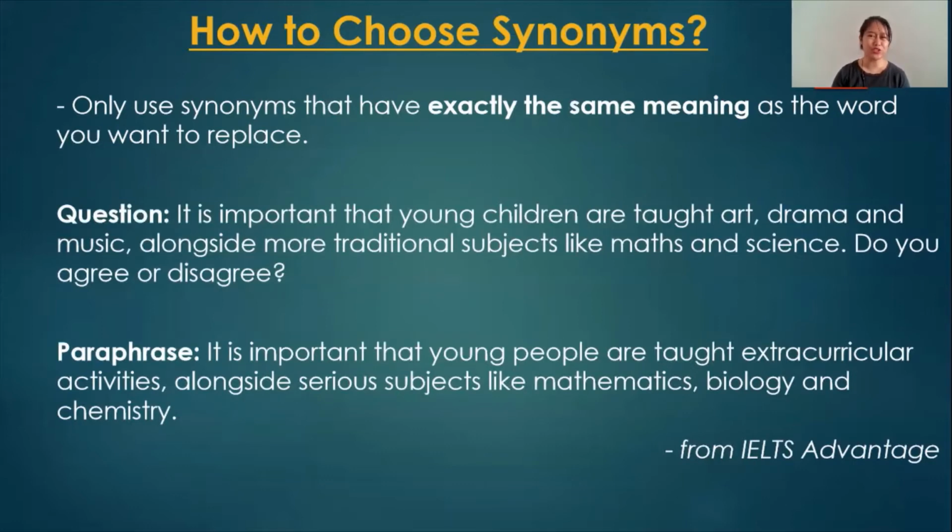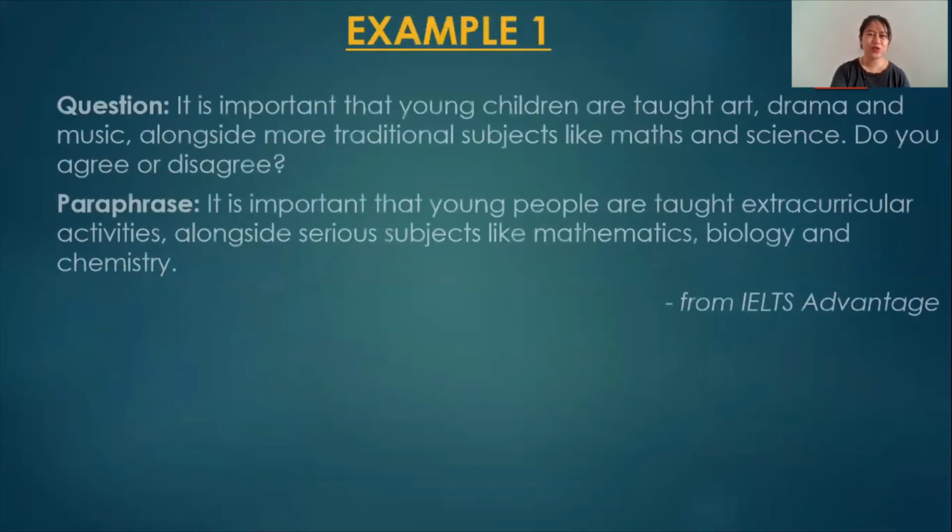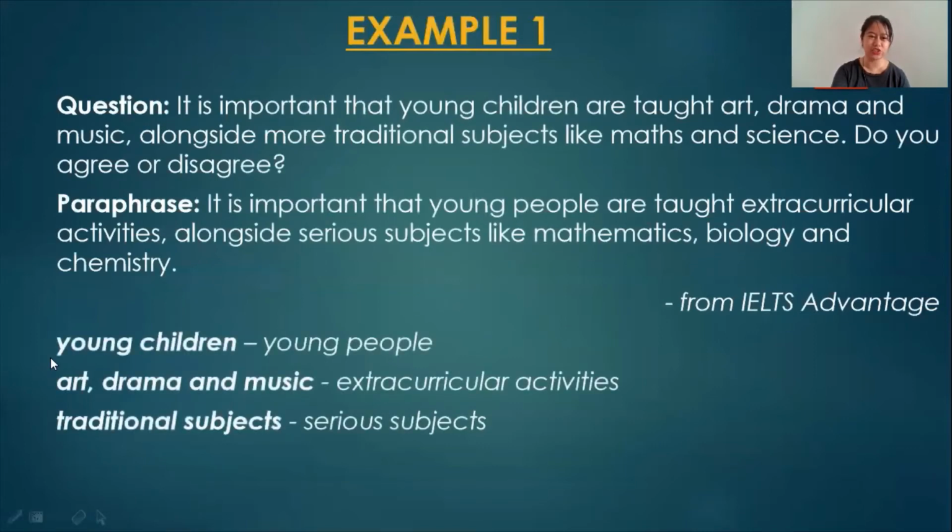Well, it's good to know that the student has attempted to change the words in the question. However, are these words actually accurate? Let's check. So the student has changed young children to young people, art, drama, and music to extracurricular activities, and traditional subjects to serious subjects.